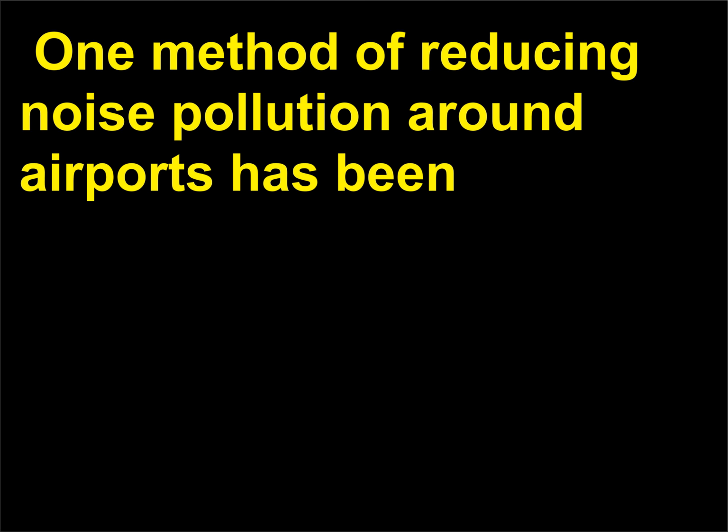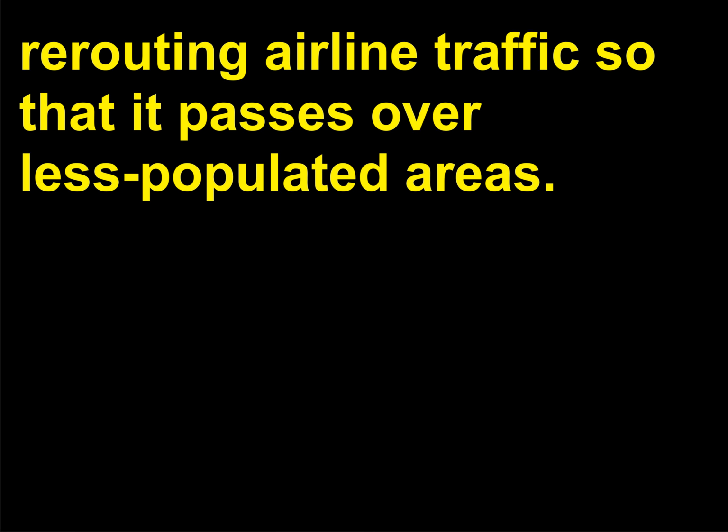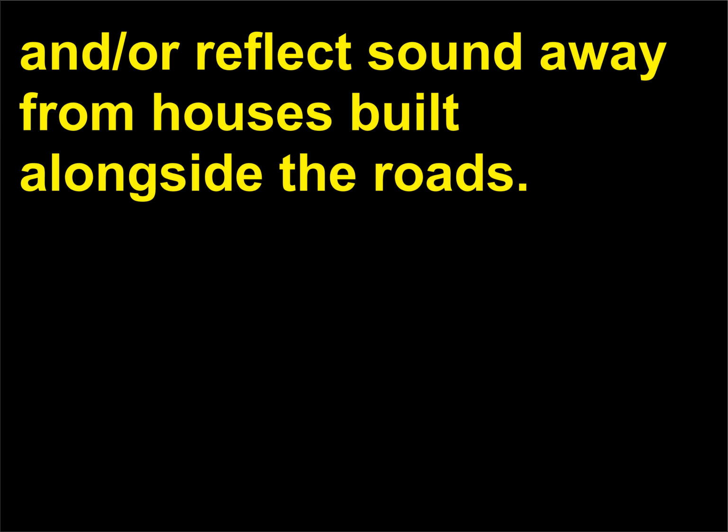One method of reducing noise pollution around airports has been rerouting airline traffic so that it passes over less populated areas. Sound barriers have been installed along many highways to absorb and reflect sound away from houses built alongside the roads.